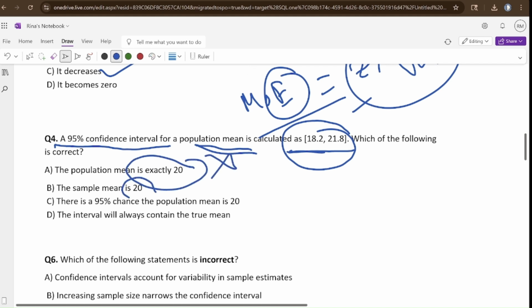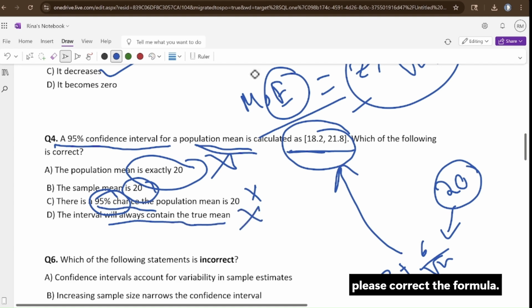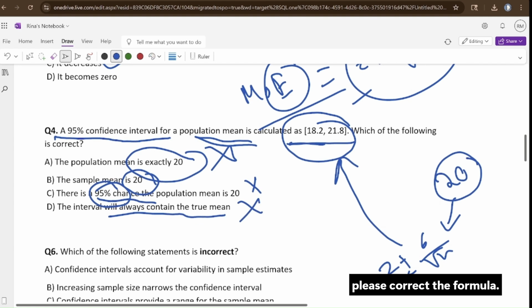The sample mean is 20? That may be a chance that you got your sample mean as 20, and from this you applied the formula to calculate this confidence interval, right? There is a 95% chance? Whenever you get this, you can simply remove it. The interval will always contain? That is never true. So you understand the correct answer is B. The sample mean is 20.